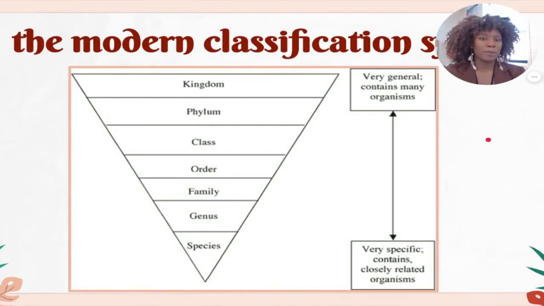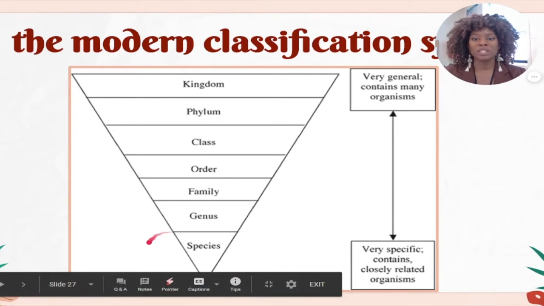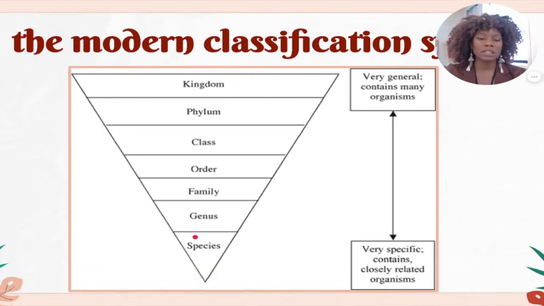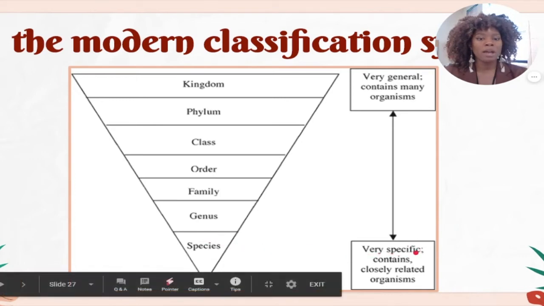Again, this is another representation of it. Notice that up here at the top, the very general, the very broad, the very inclusive levels look very big. And then as you get smaller and smaller, more specific. Very specific is going to contain organisms that are very closely related in terms of evolution.